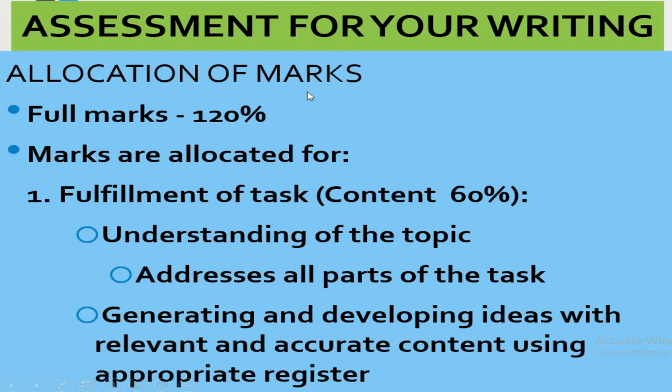Okay, so now let us look at the assessment for your writing. The marks allocated for your writing of Task 2 will be 120. In terms of content, it is 60, where you should make sure that the topic can be understood by the reader of your essay, and whether you have addressed all the parts of the task given through the points that you have mentioned, whether you have justified, argued, or disagreed, or whether the example given is relevant.